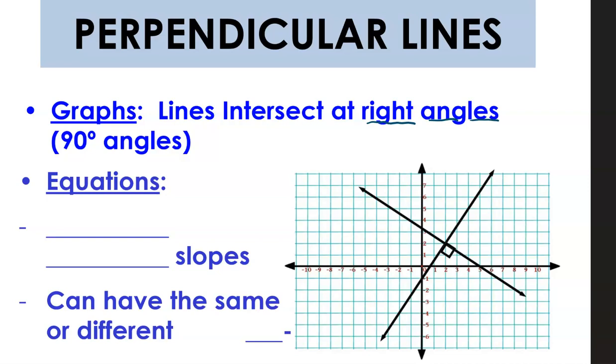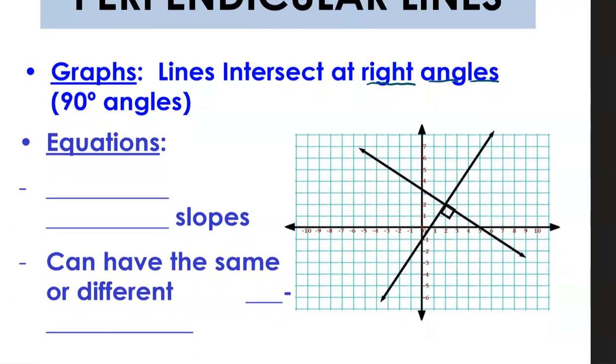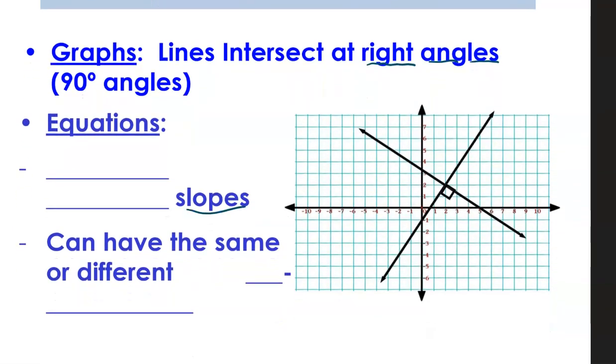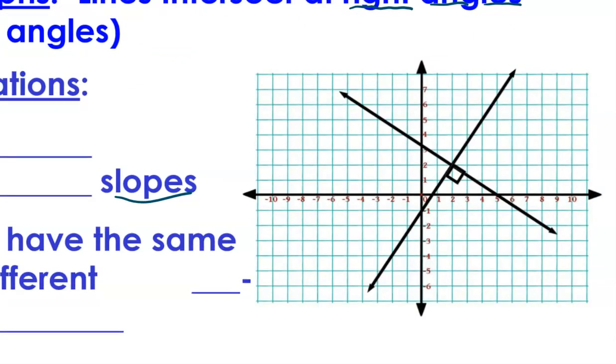So in the coordinate plane, we want to again look at the slopes and the y-intercepts. Let's look at the y-intercepts first. This line has a y-intercept right here, and it also has a y-intercept here.